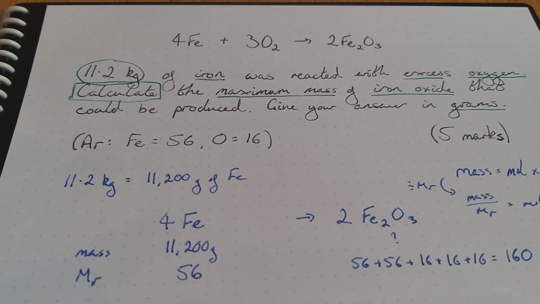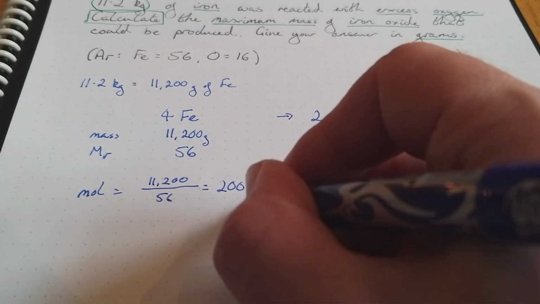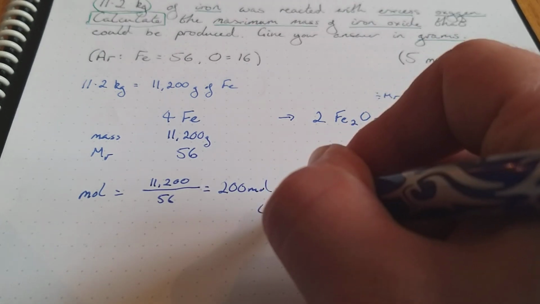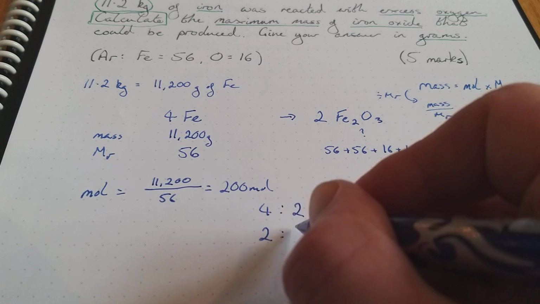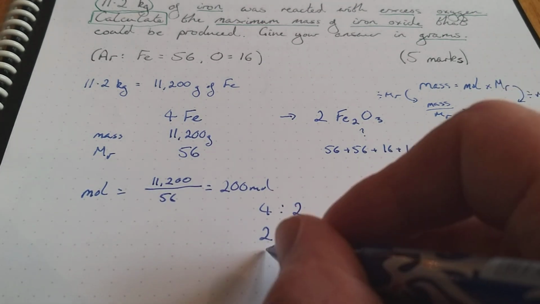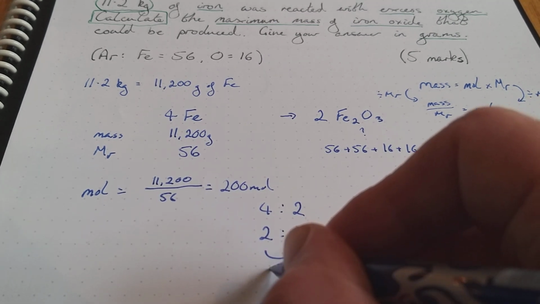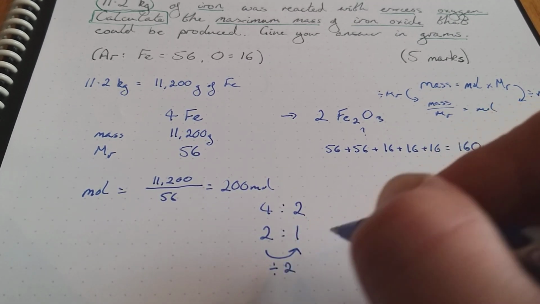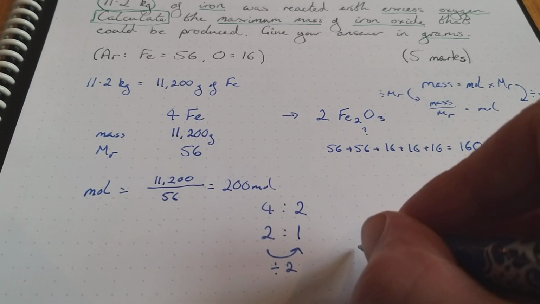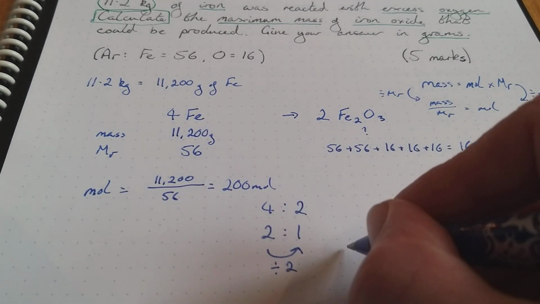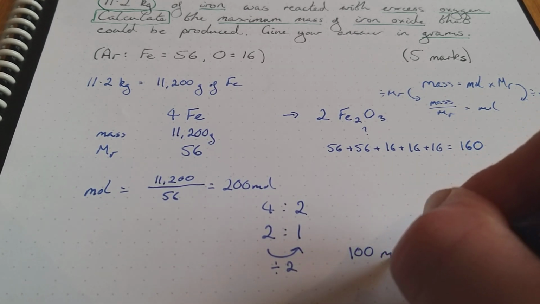So the ratio of iron to iron oxide is 4 to 2, but we can simplify that to a 2 to 1 ratio, and because we're going from the iron to the iron oxide, that means we need to divide by 2. So the number of moles of iron, so 200 divided by 2, that gives us 100 moles.